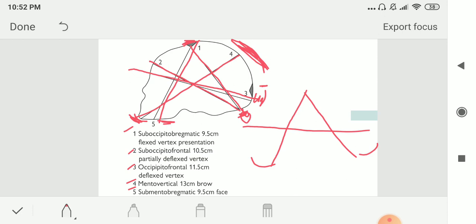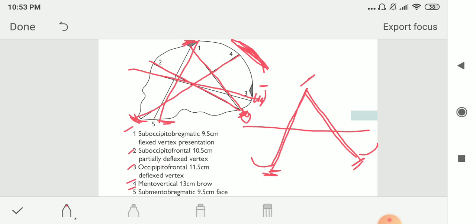This one should be the suboccipitobregmatic, and this one should be the submentobregmatic.